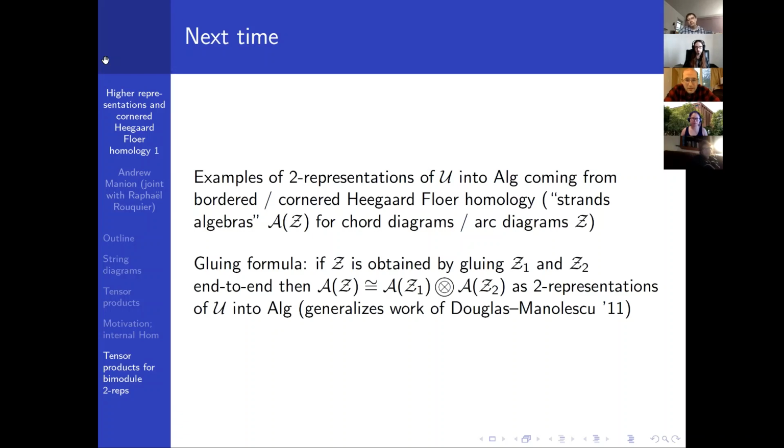So this begs the question of what's out there. I actually don't know, but is there an analogy of this for just normal SL2 tensor SL2? Well, it's in this work in preparation of Raphael. So this is the first instance of these.